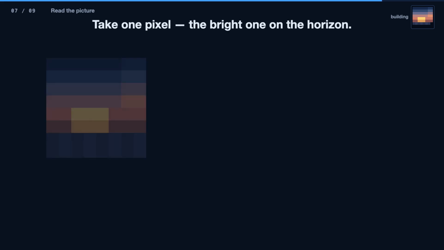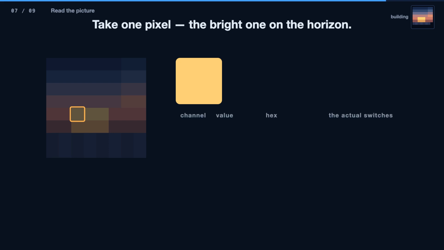So, everything we need. Let us take 1 pixel, the bright one on the horizon, all the way down. Its color is 3 numbers: red 255, green 210, blue 122.